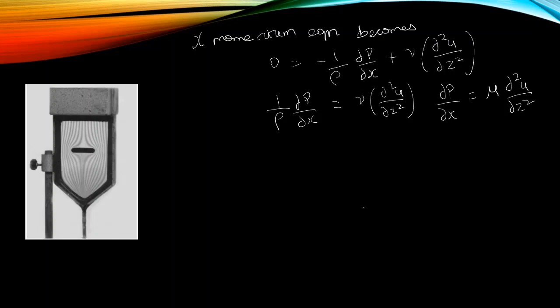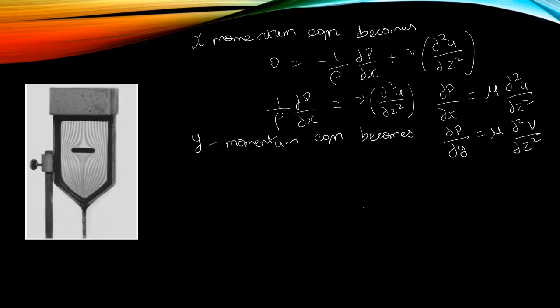And similarly for the y momentum equation, it becomes dou p by dou y is equal to mu times dou square v by dou z square, and here I am writing mu.